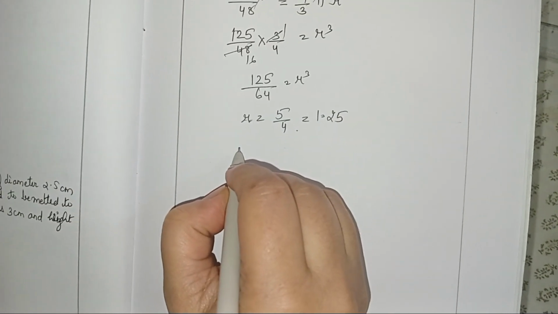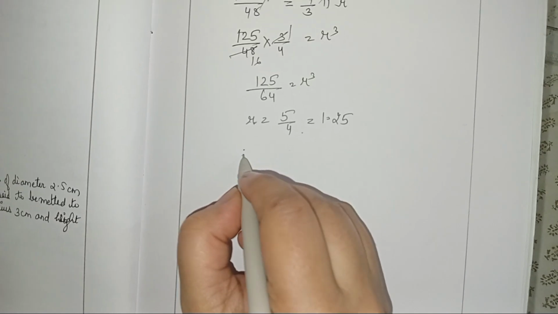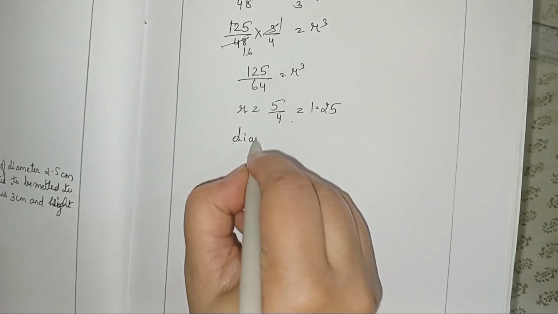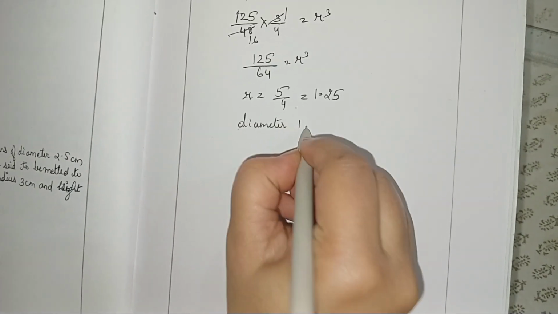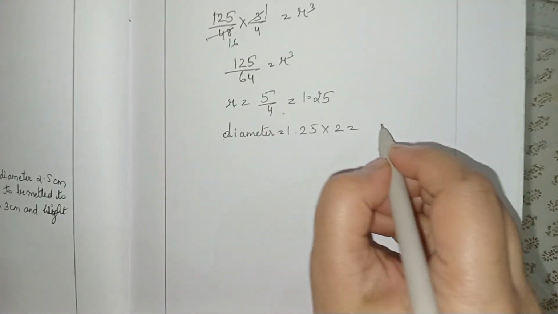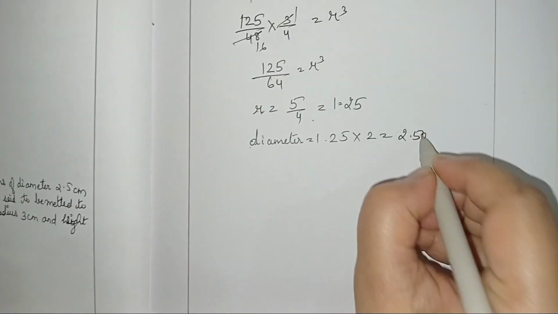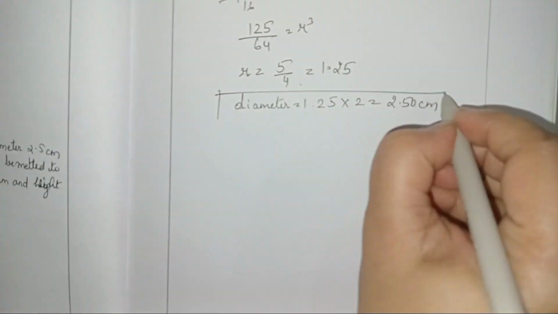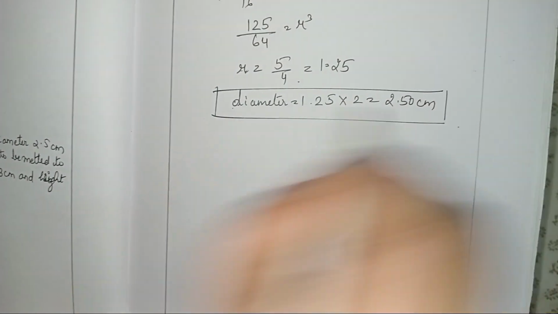Okay, we took the cube root, and then the diameter will be 1.25 into 2, which will give you 2.50 centimeters. This is going to be your answer.